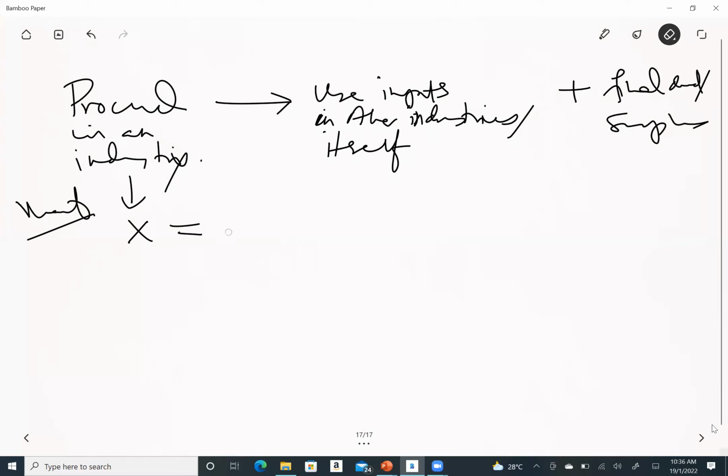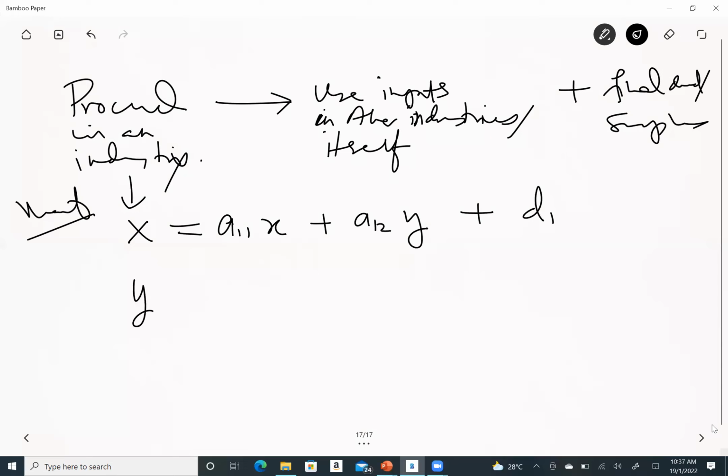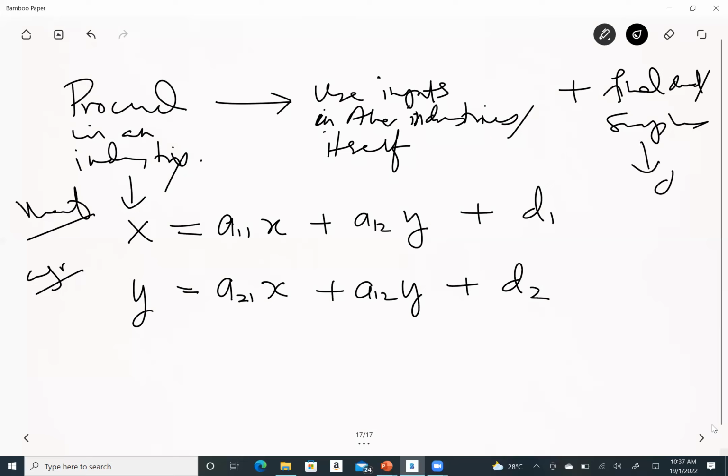So X equals A11 X plus A12 Y plus D1. And then the quantity produced by the other sector, some proportion will be used to produce more manufacturing and some to produce more agriculture, plus D2. So D1, D2 are the final surplus.